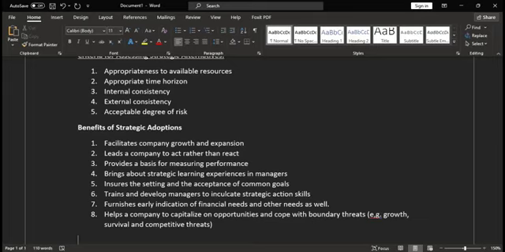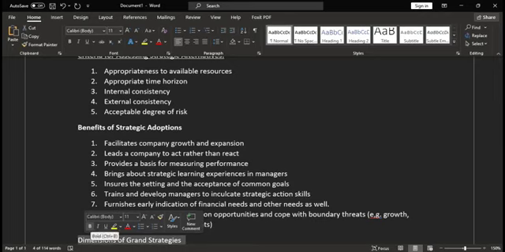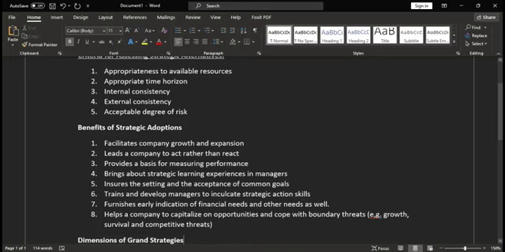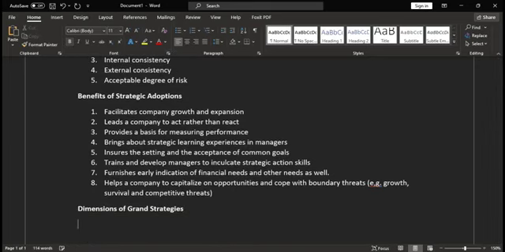We want to move on to the dimensions of grand strategy. The following are the dimensions of strategic changes or transformation.